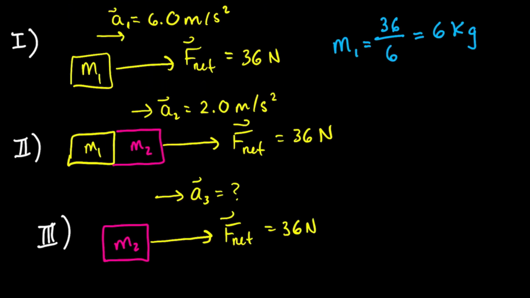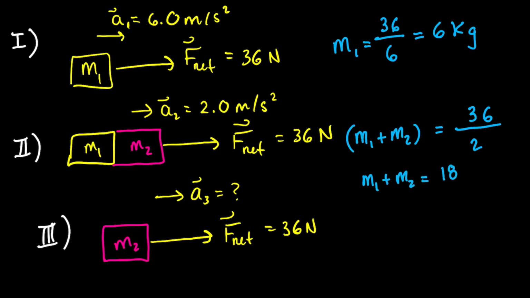So that was from Newton's second law, right? Mass equals Fnet divided by the acceleration. And likewise, now for the second case, we have mass 1 and mass 2 combined. The same net force of 36 newtons, and in this case the acceleration is 2. So mass 1 plus m2 is going to be 18 kilograms.